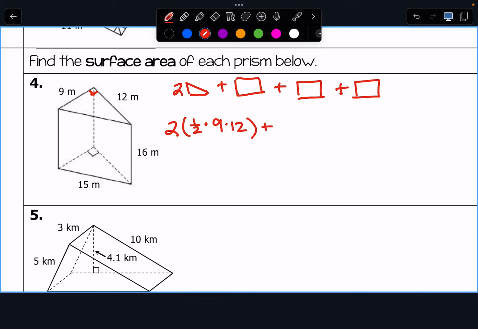Okay, then I have one rectangle that is 12 by 16. I have a second rectangle that is 15 by 16. And then a third rectangle that is 9 by 16.